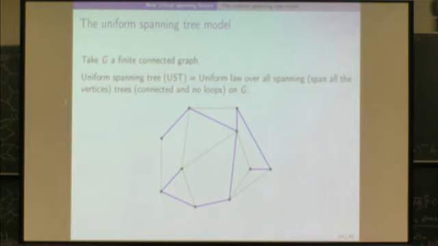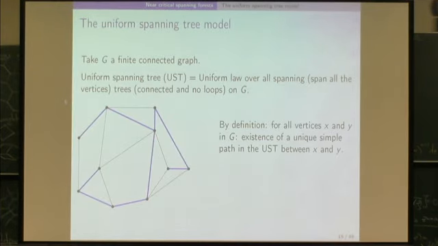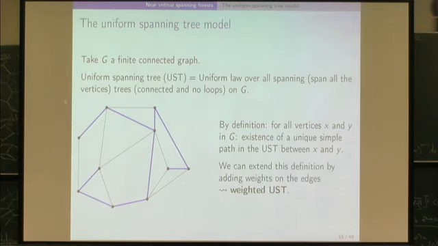Spanning means it spans all the vertices, and a tree is connected and without loops. Here I've drawn an example of a spanning tree. By definition, if I take two vertices x and y in my graph, I have a unique path in the uniform spanning tree between x and y.